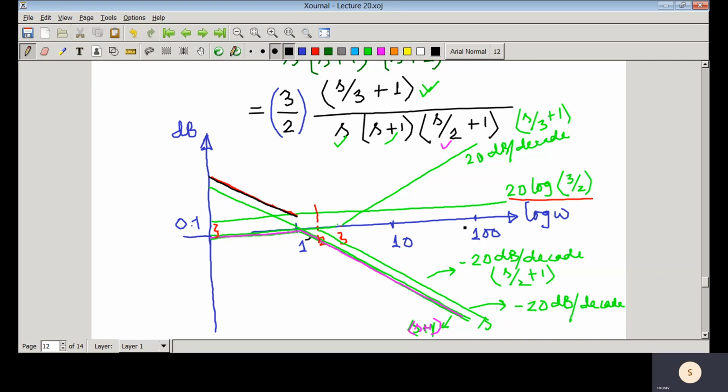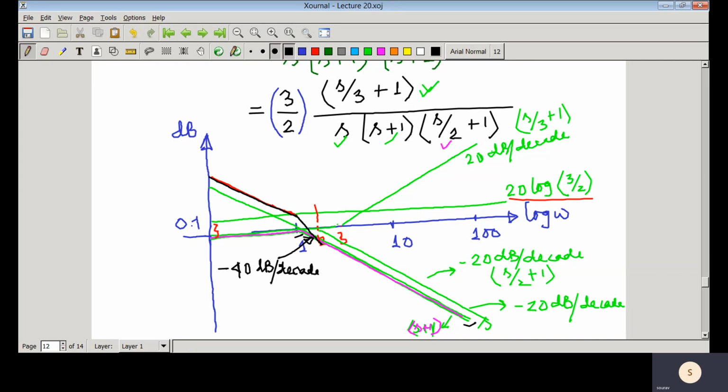So from here to 2 we have that double slope, and this slope is coming -40 dB per decade. Again, I am explaining why. The reason is, if you look at this particular portion, you can see that there are two slopes, for S and for S plus 1. So that is -20, -20, so -40 dB per decade.